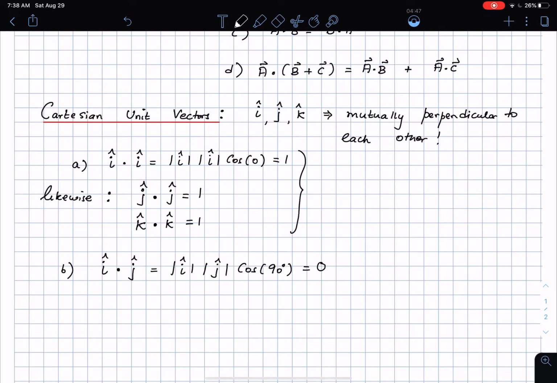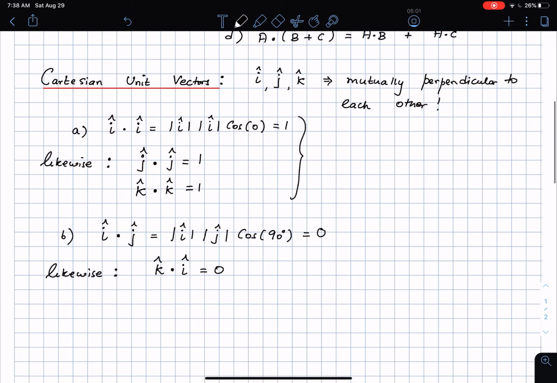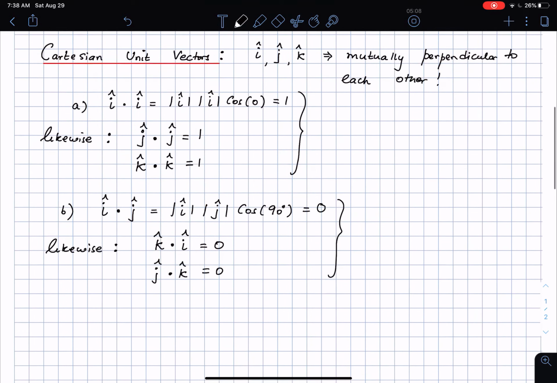So this entire thing vanishes. That's very beautiful. And likewise, k dotted with i is equal to 0, or I can take j and dot it with k, that's also equal to 0.